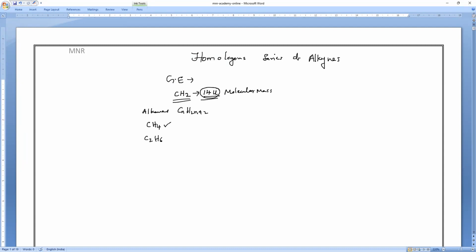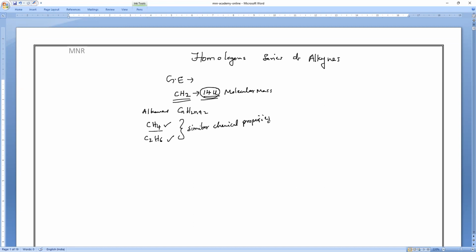They have similar chemical properties. Similar chemical properties means that if the first compound of a homologous series reacts with something, then all the remaining compounds will also react with it.